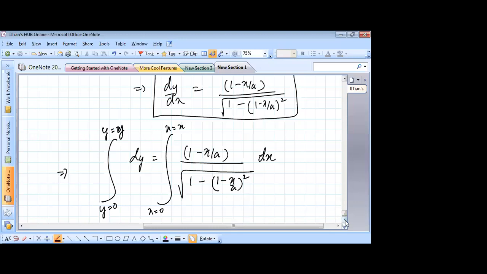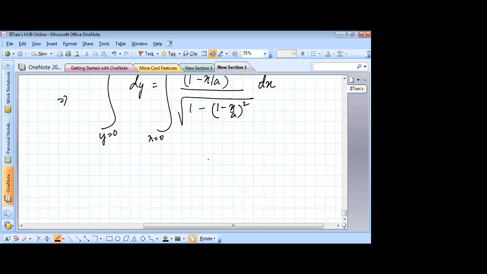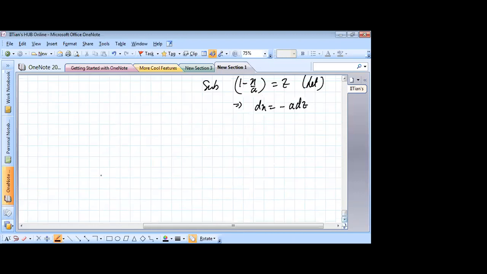So now in this, actually what we do is we substitute 1 minus x by a as some new variable, suppose z. Okay. So dx becomes minus a dz. Just differentiate both sides. Okay. And the equation becomes y on this side is integral of minus a will come outside.